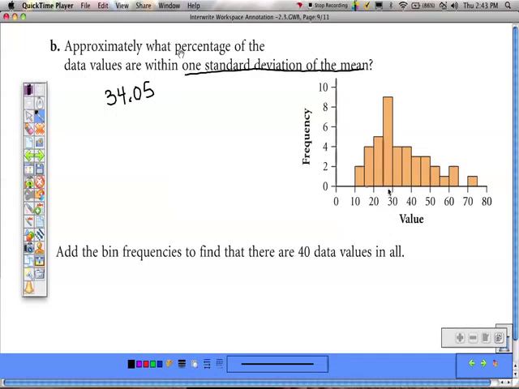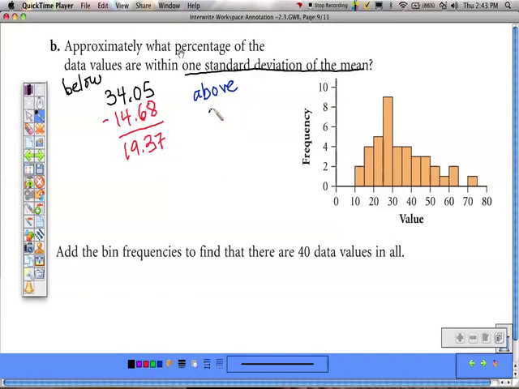So let's figure out the lower end value of that. Below, we're going to subtract 1 standard deviation, which was 14.68. And that will give us about 19.37. And then we have to go 1 standard deviation above the mean.